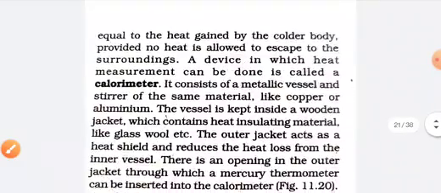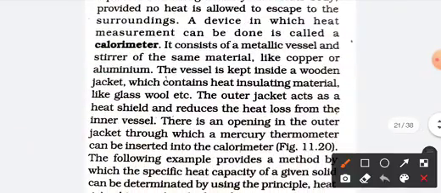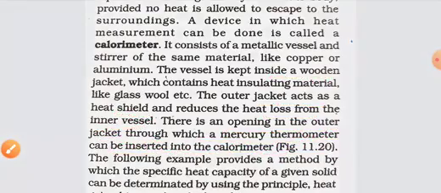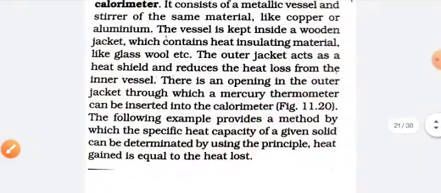So the vessel is kept inside a wooden jacket which contains heat insulating material like glass wool, etc. The outer jacket acts as a heat shield and reduces the heat loss from the inner vessel. There is an opening in the outer jacket through which a mercury thermometer can be inserted into the calorimeter. There is an opening through which we can insert a thermometer.